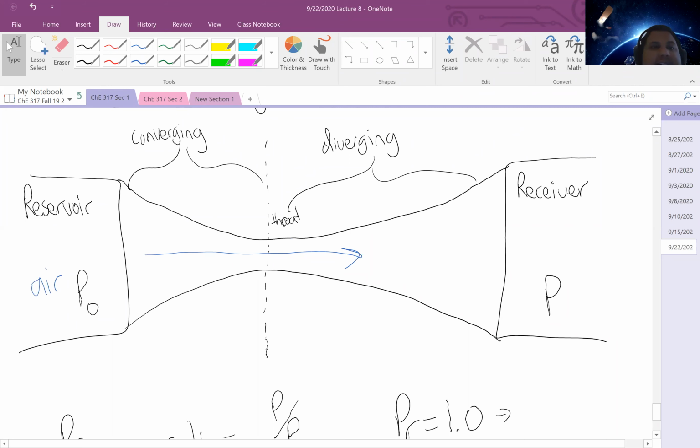However, in the converging section, as the flow area decreases, I can anticipate that my velocity will start to increase as it approaches the throat.